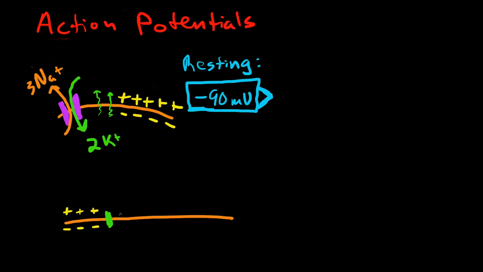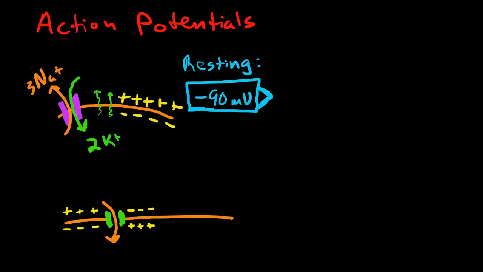So we have a little sodium channel here, and sodium is rushing down its concentration gradient, right? Because we have a high concentration of sodium outside the cell. As soon as you open the gate, that's going to lower the concentration gradient. And what's that going to do? That's going to cause a decrease in the positive charge on the outside of the cell, and an increase of the positive charge on the inside of the cell.